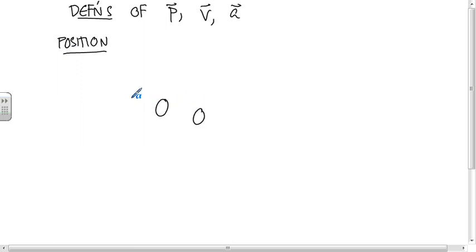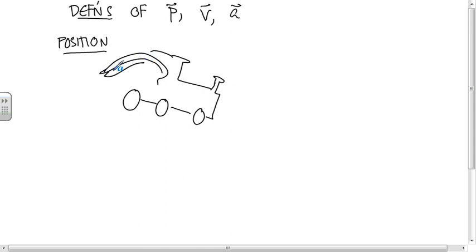So here's the train. It's 2D now, so it has to have wings. Okay, so what does it take for us to define a two-dimensional location for the train?